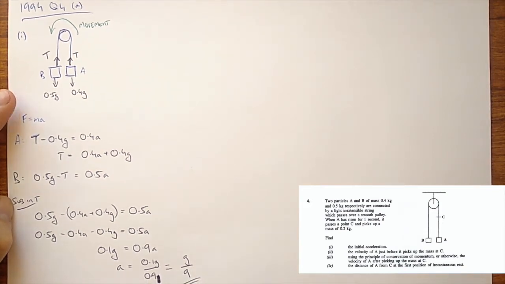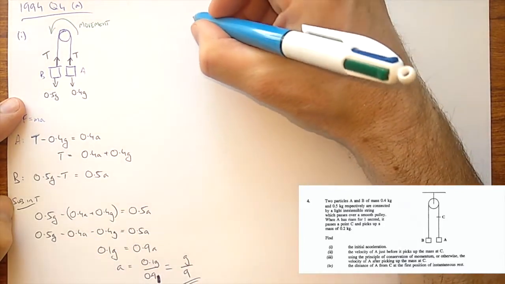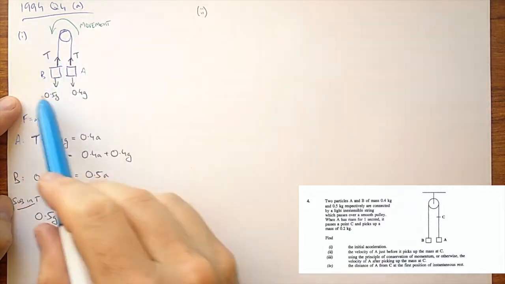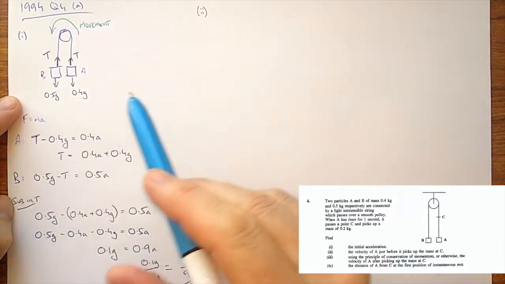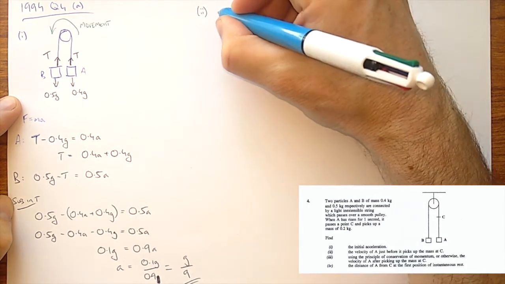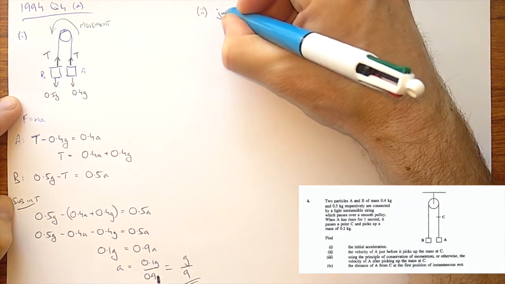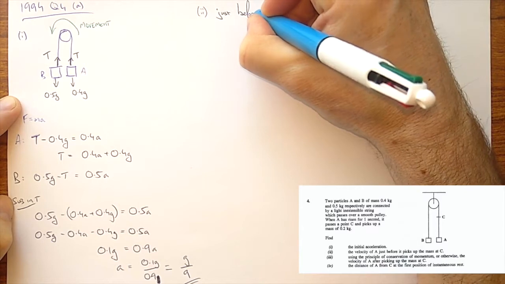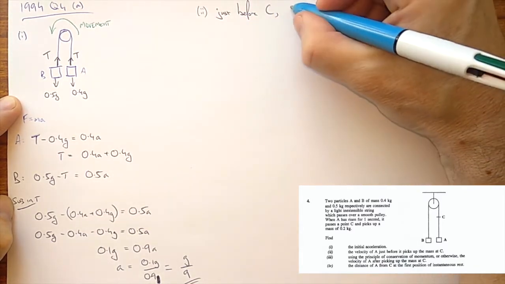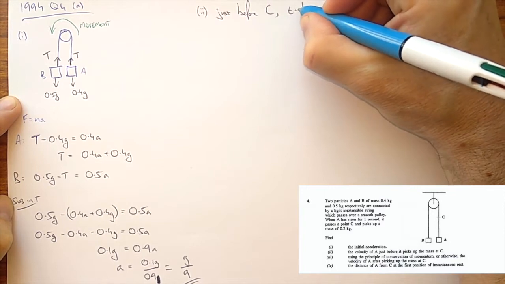All right, so part 2. Now, the velocity of A just before it picks up mass C. So again, this is kind of nice. We haven't brought C in yet. It's still our basic diagram that we have over here. So what do we know at C? Well, just before C, we look back on our question, we will see that the time equals 1.